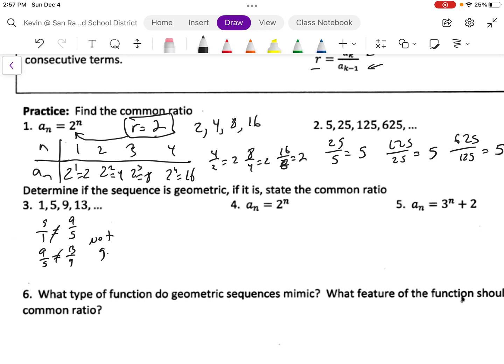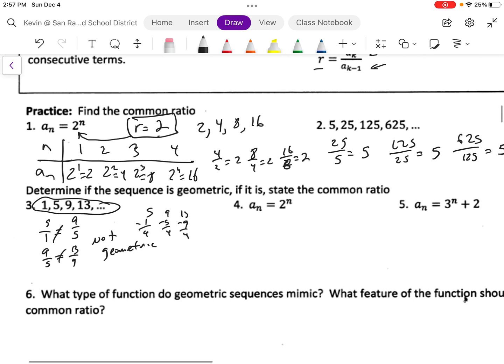So not geometric. In fact, in this case, 5 minus 1 is 4, 9 minus 5 is 4, 13 minus 9 is 4. So this sequence is actually arithmetic with a common difference of 4, but it is not geometric.